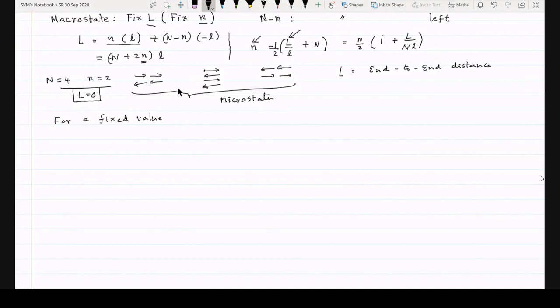So I start from here, and this is the end. This is the same point actually. I'm drawing in the second line here, but this is a 1D model, so it is overlapping on this. Similarly, this is one end and this is the other end. So L is defined like that. Okay, sir. Thank you.